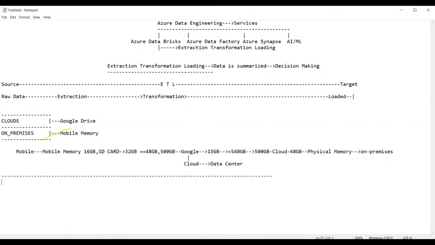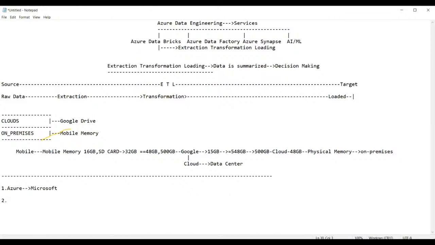So the following are the cloud providers we have. The first one is called Azure. Azure is a cloud provider from Microsoft. Microsoft is marketing its cloud product under the name Azure.